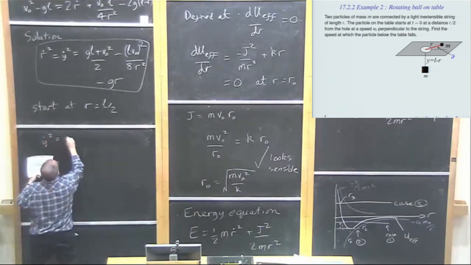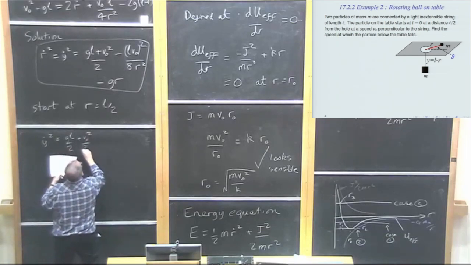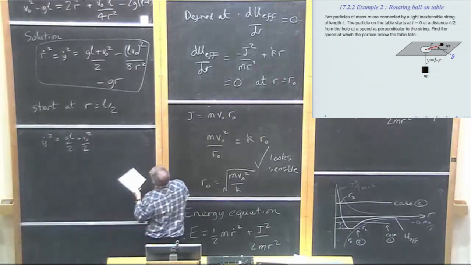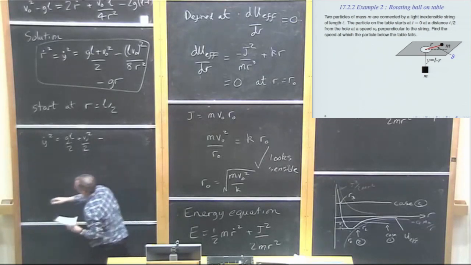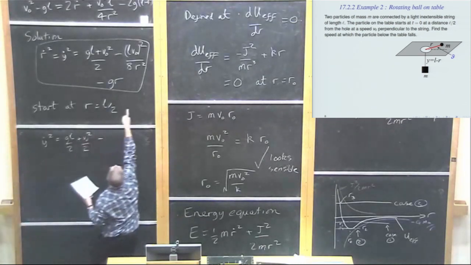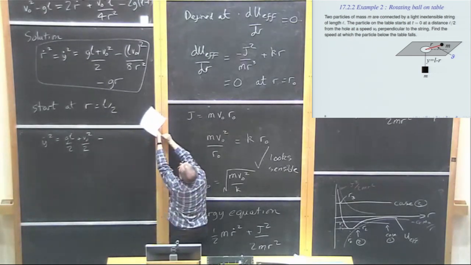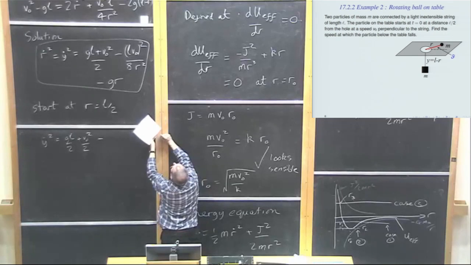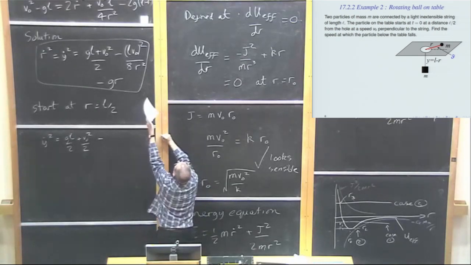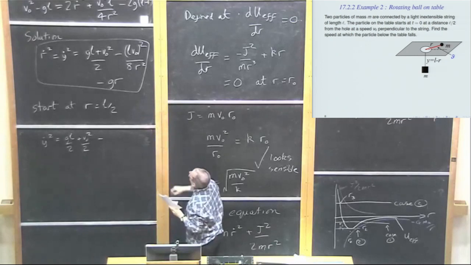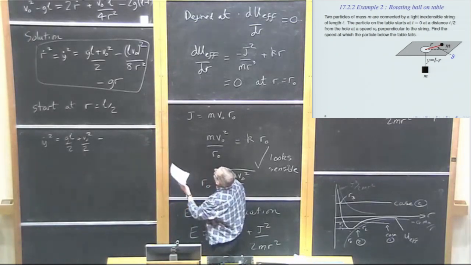So we have a GL over 2 plus V naught squared over 2 minus, so putting in for this term here, r equals L over 2. I'm going to get L squared on the bottom, but I've got an L squared, V naught squared on top, so I'm just going to be left with a V naught squared.